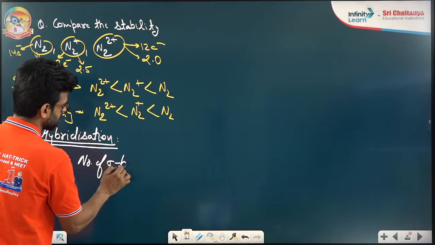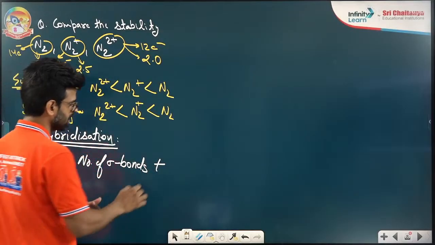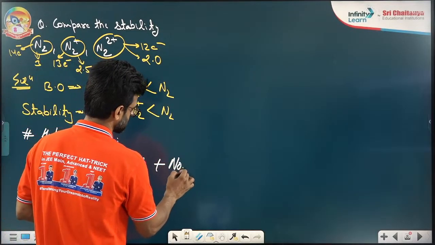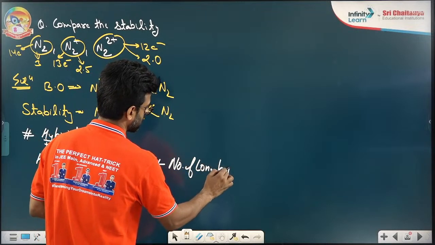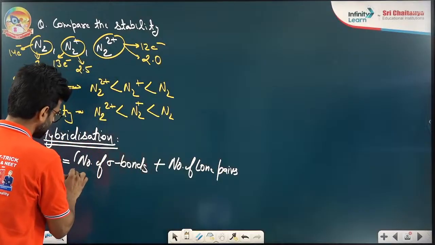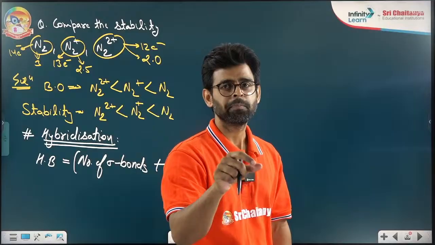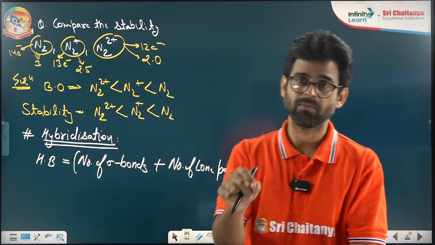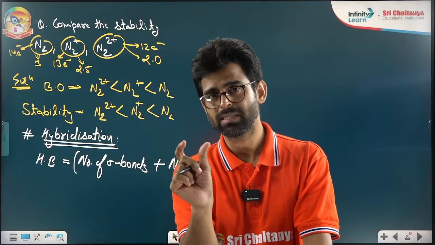You have to find the sum of sigma bonds, remember, no pi bonds, number of sigma bonds plus number of lone pairs. So you have to see the structure, and see how many sigma bonds the given atom is making and how many lone pairs it has. Count this sum.